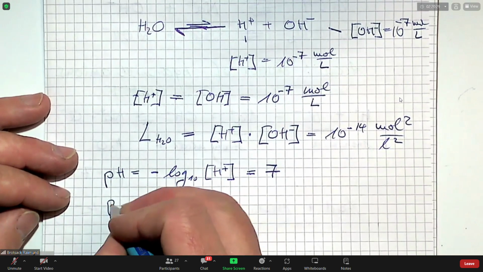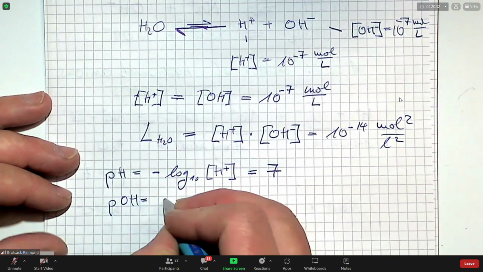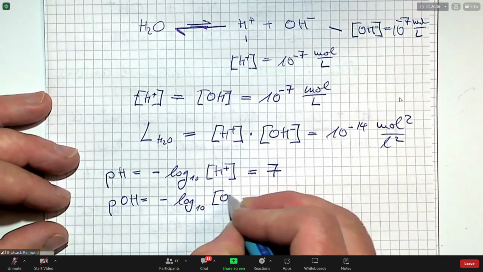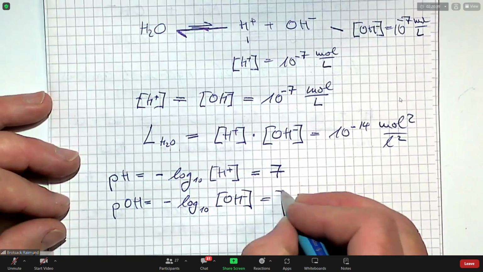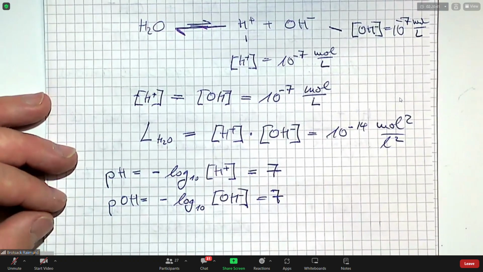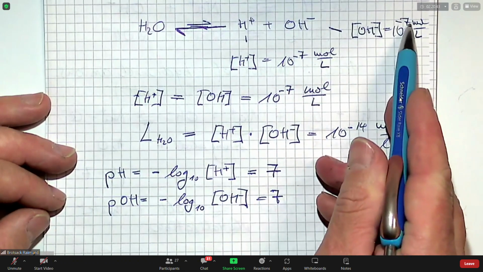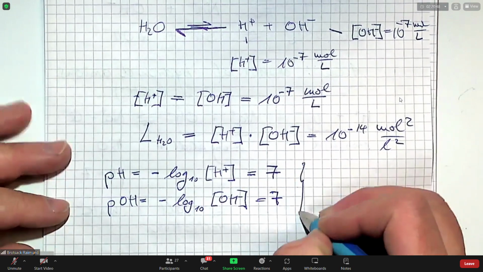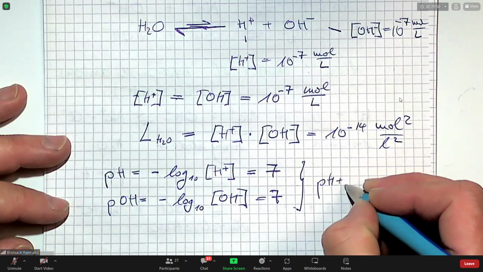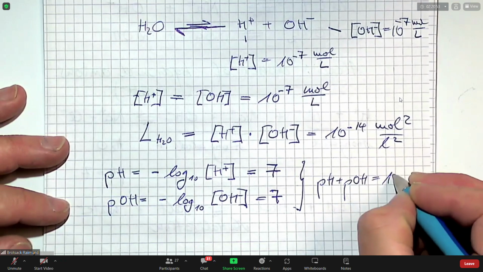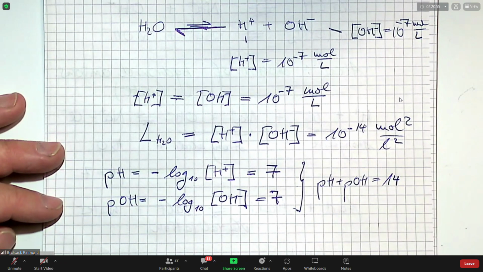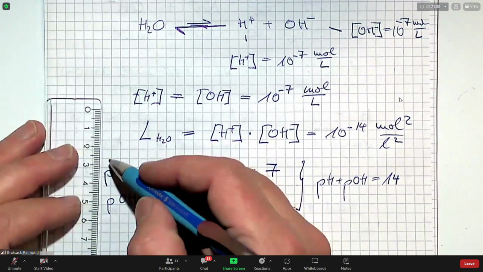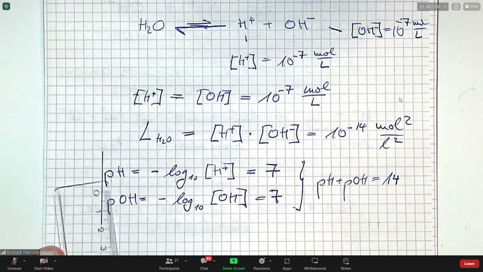The pOH is defined as the negative logarithm to the base of 10 of the OH minus ions. It's 7 as well, because it's the same. And this means now pH plus pOH is 14. Please be aware of these definitions. That is important.